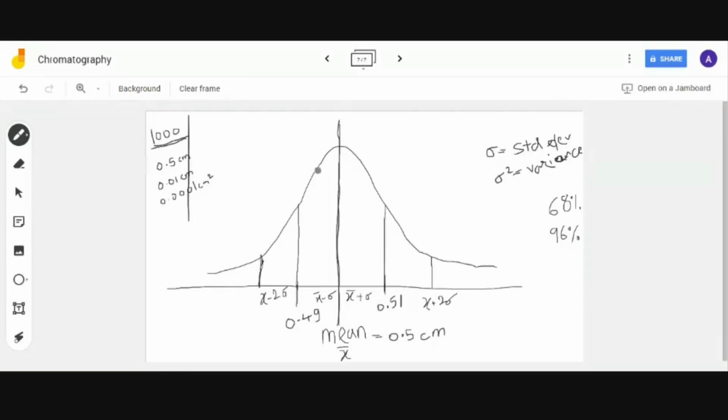Now, let me change the ink so it will be a little easier for you to understand. If I consider this area, which I am highlighting right now with light blue color, which comes under the range of x minus sigma to x plus sigma.